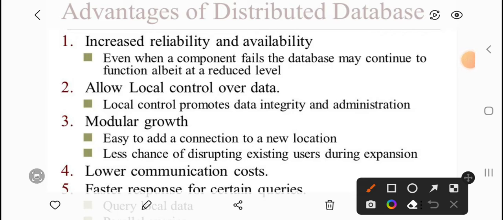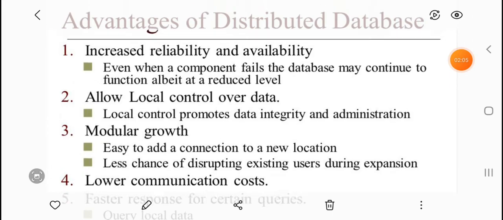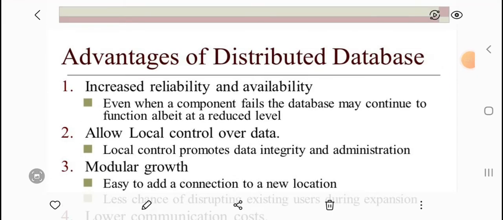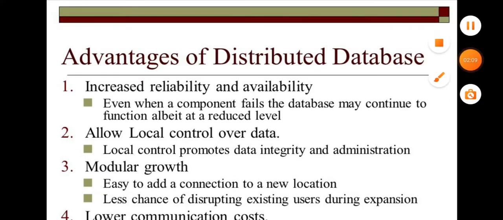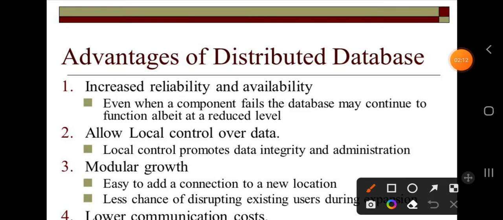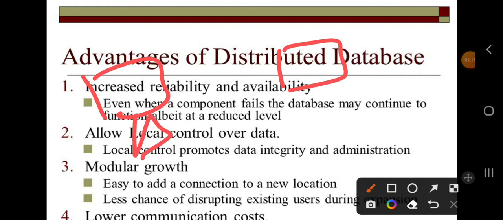See the next point that they are saying: even when a component fails, the database may continue to function, at a reduced level. Consider that we are having some systems connected in a network, which have the database distributed among themselves.